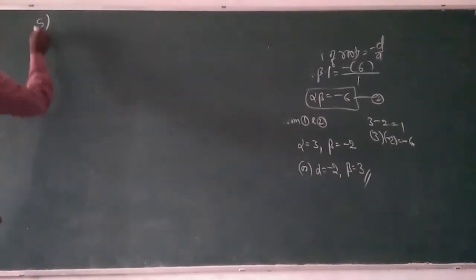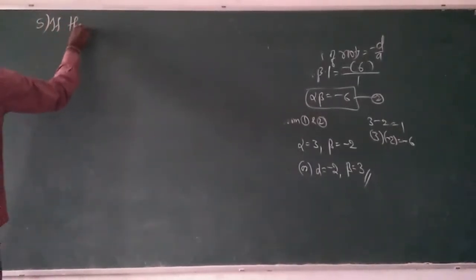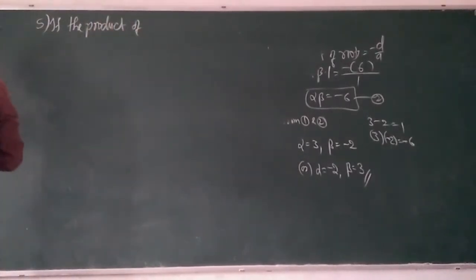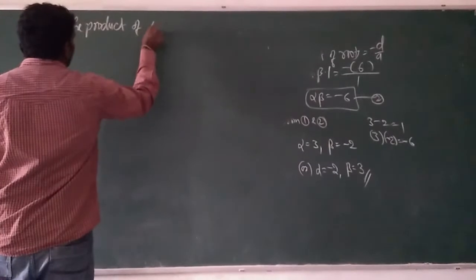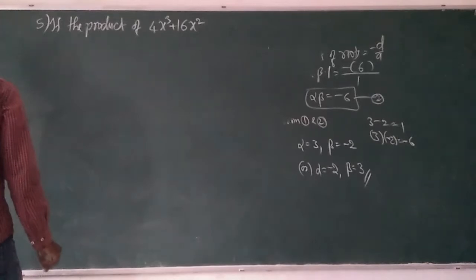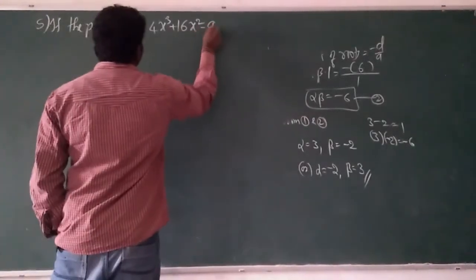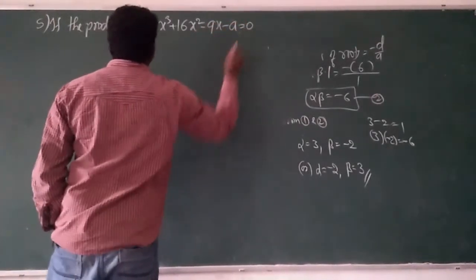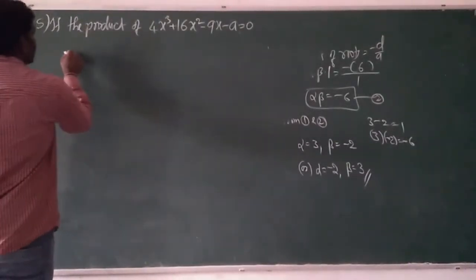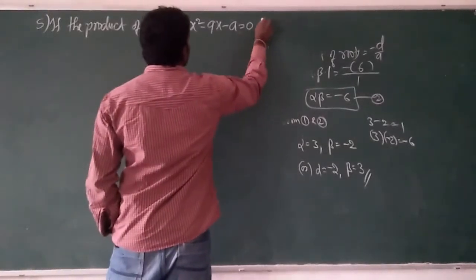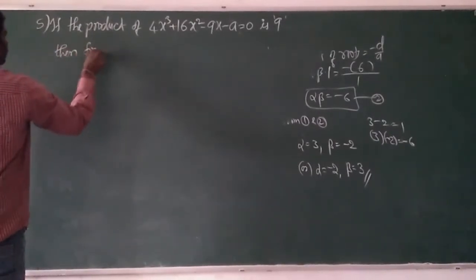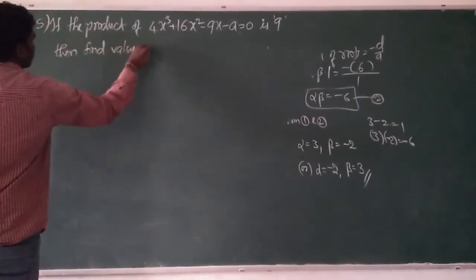Note down: if the product of the roots of 4x cube plus 16x square minus 9x minus a equal to 0 is 9, then find the value of a. These are all important questions.